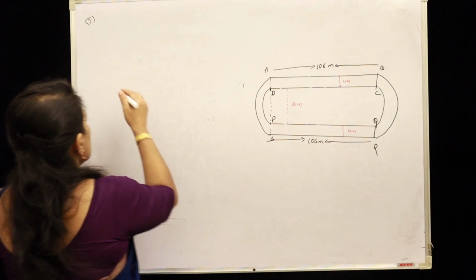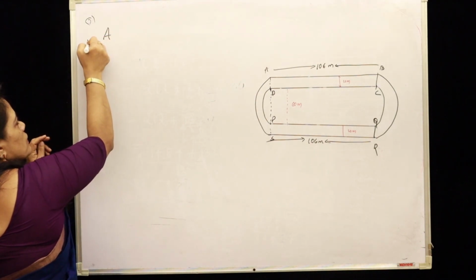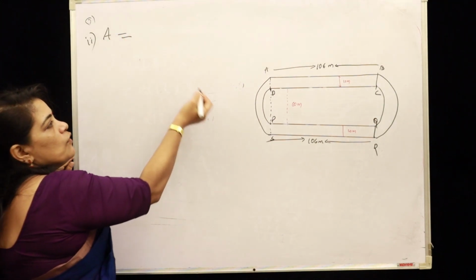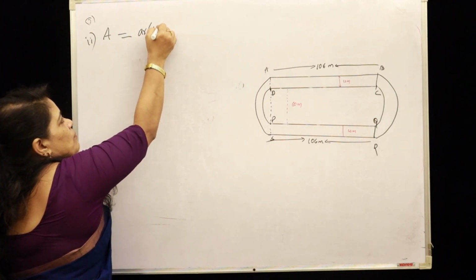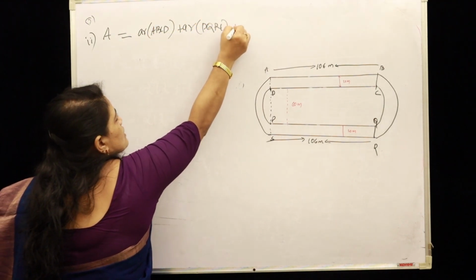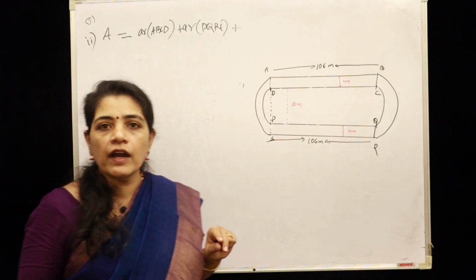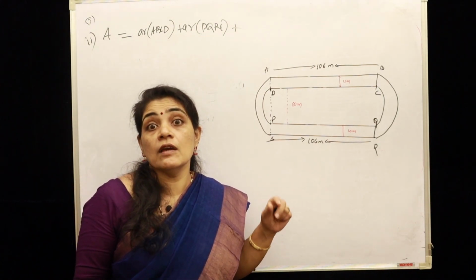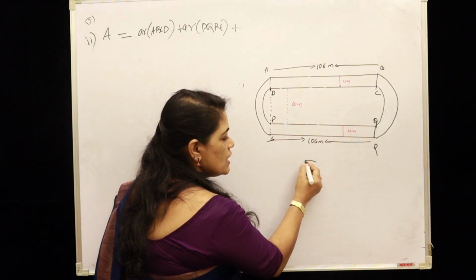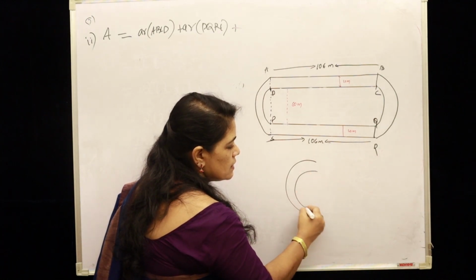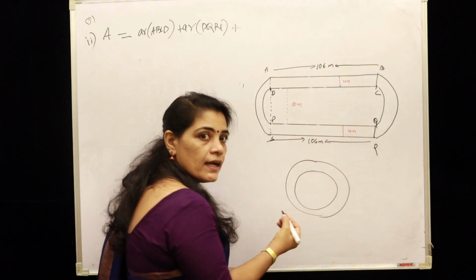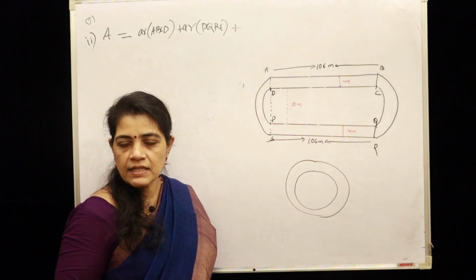That means the area of the track, the second subdivision of the 8th problem, is equal to the area of the rectangle ABCD plus the area of the rectangle PQRS plus the area of the two semicircular ends. These two semicircular ends, this one and the other on the right side, will make a ring, isn't it?